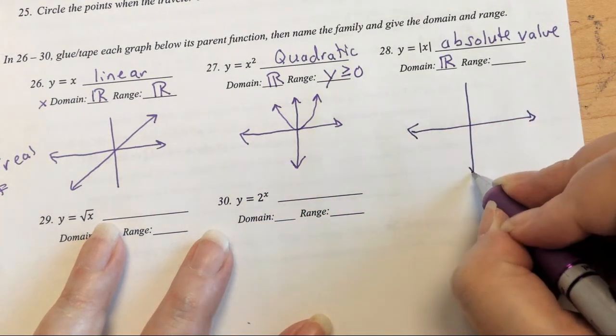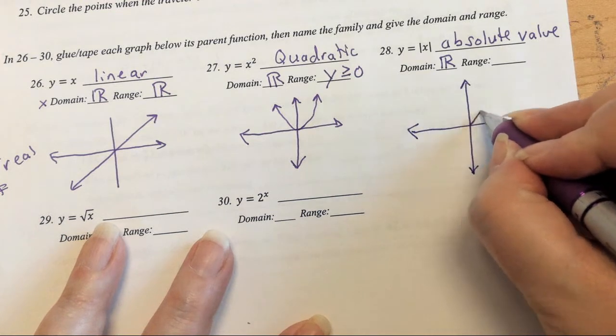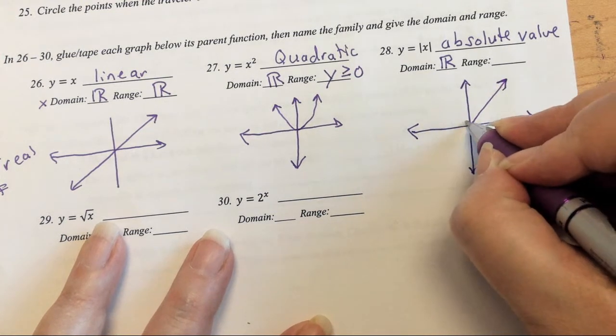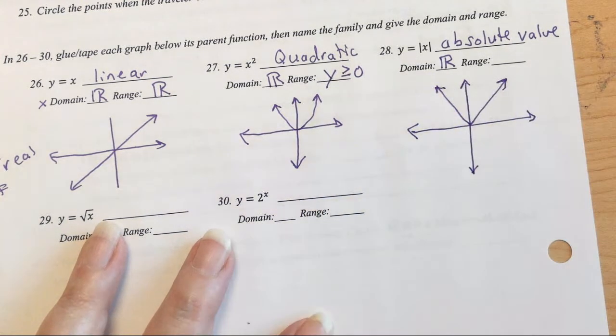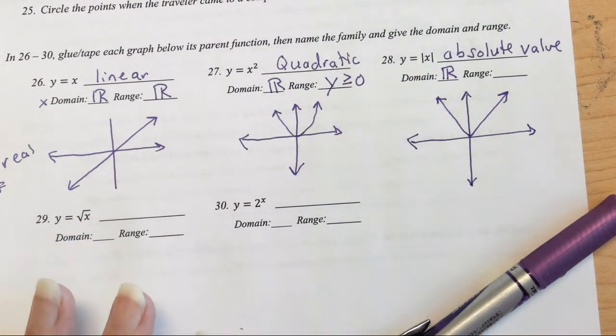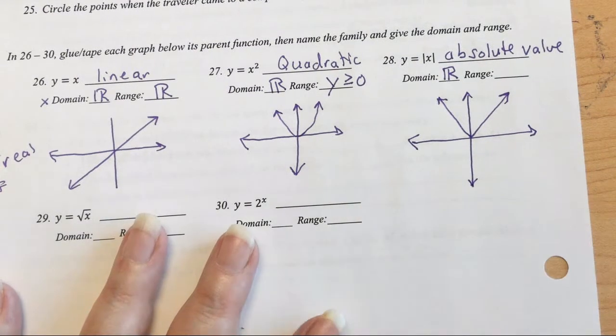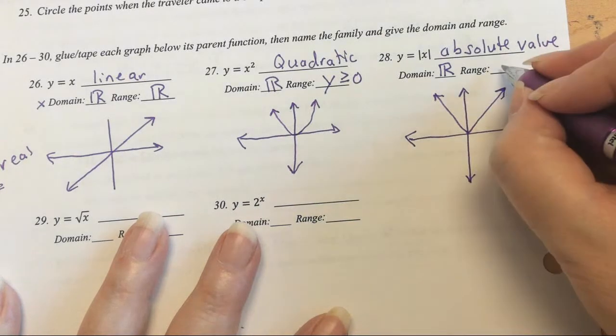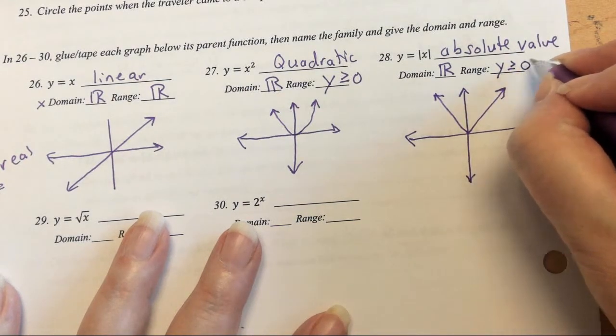Going on above 0. Yep, and it's a line. There are two lines going above 0. It's that V shape. So, what is the range of this? Y is greater than or equal to 0.